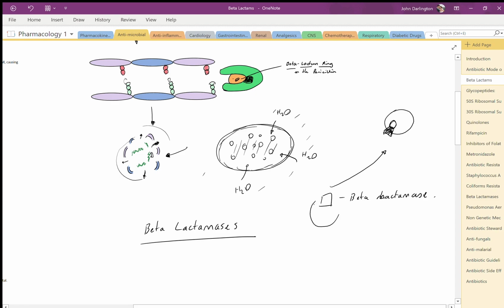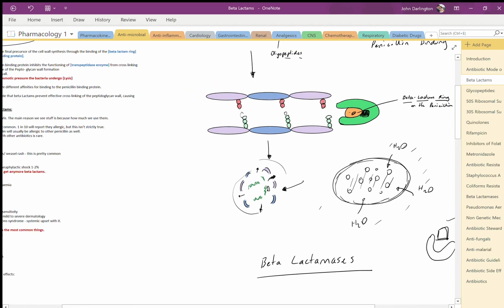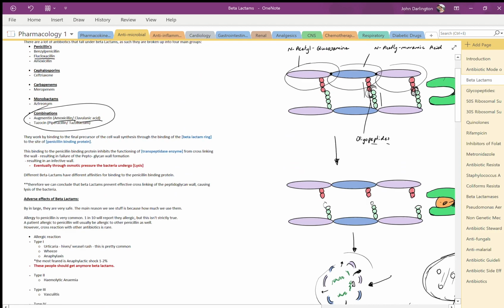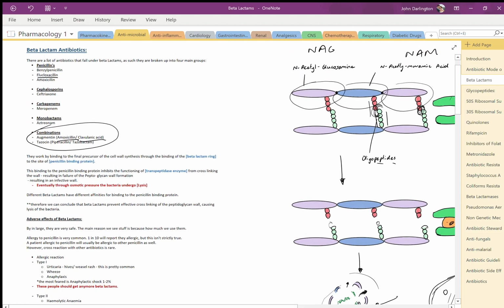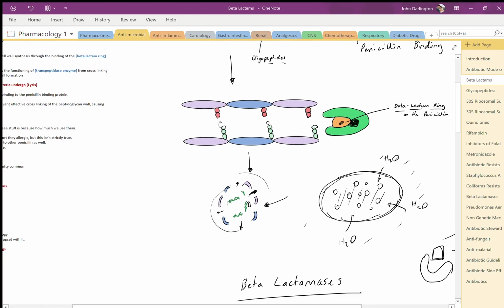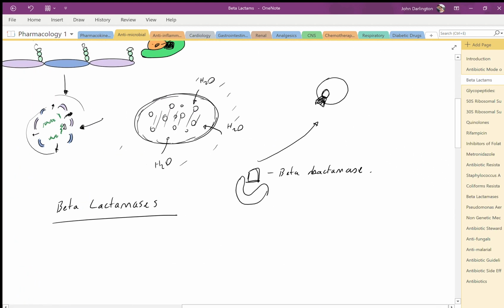It will bind to these beta-lactamases and inhibit it from binding to the penicillin or the beta-lactam ring, which will then allow the drug to carry out. So the combinations are two drugs. They are one of the beta-lactams, one of the penicillins or cephalosporins or carbapenems, and then another drug which inhibits the beta-lactamases.